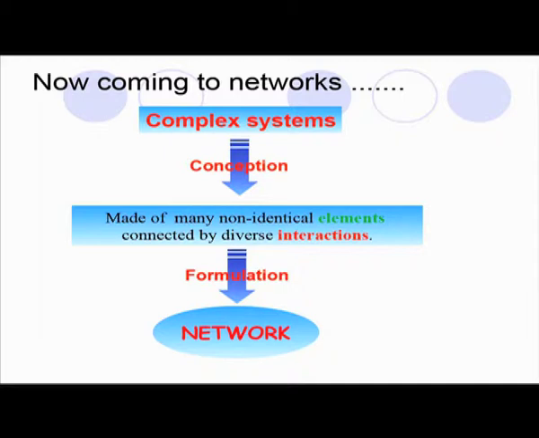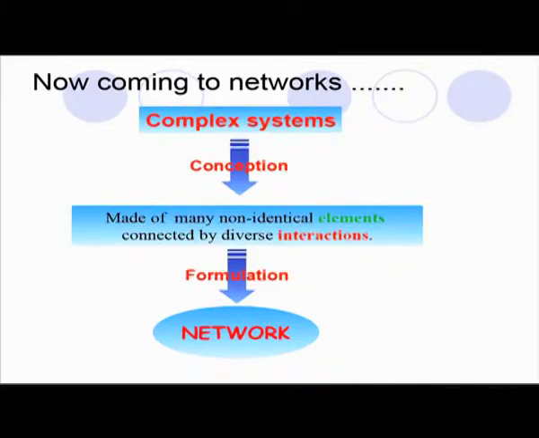A network is a formal structure or an abstraction which has two basic entities: nodes and interactions among nodes. Each unit or entity in the complex system can be thought of as a node, and interactions between entities, between heterogeneous as well as homogeneous entities inside a complex system, can be thought of as edges of a network.